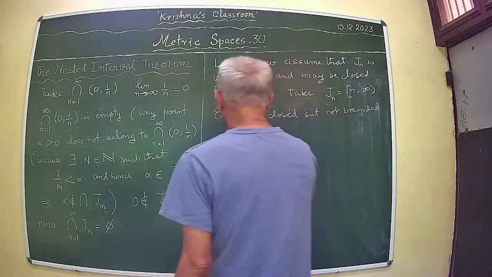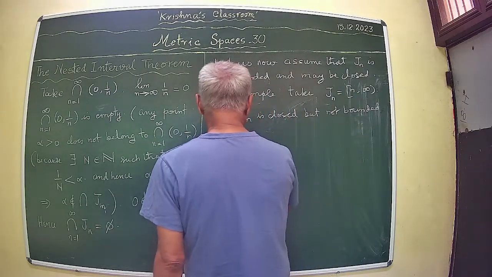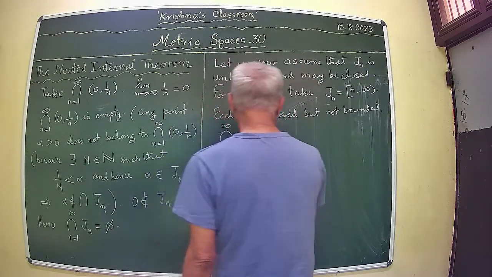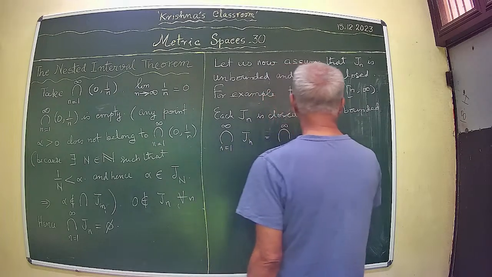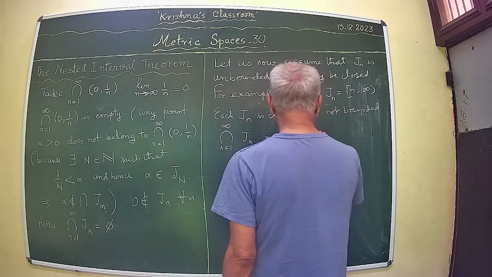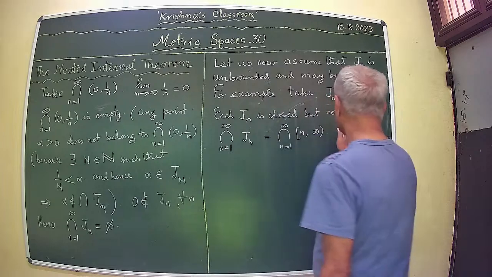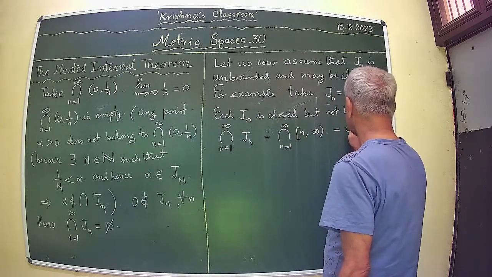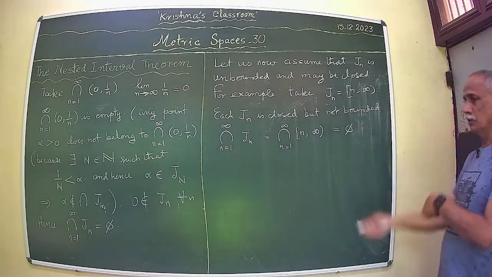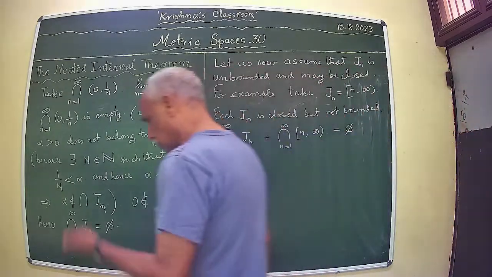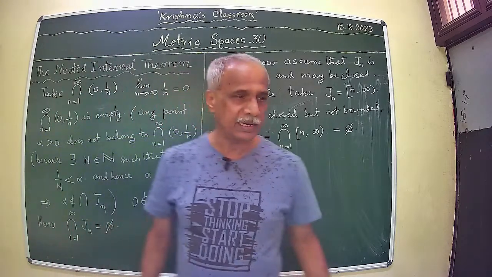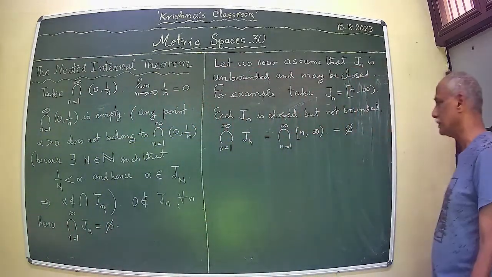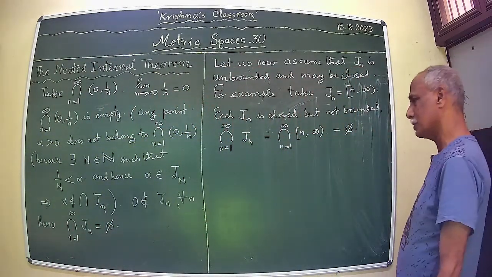What about the intersection of Jn? And this you can easily prove is empty, once again, if you assume a number greater than n to be in it, then you can show that there exists a Jn which does not contain it.